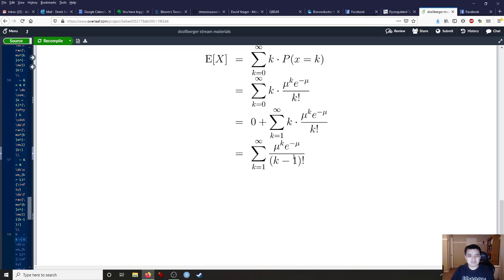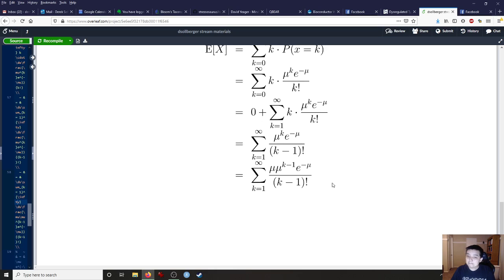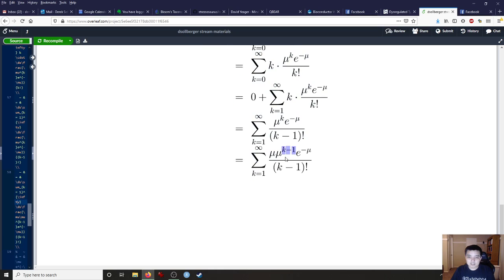It would be great if that lined up a little better. So we're going to do something mildly clever and separate the mu's. Take out one of those mu's, so we have mu times mu to the k minus 1. Quickly verify those would add right back up to mu to the k power. Now that this exponent and this denominator line up, it will lead us somewhere.